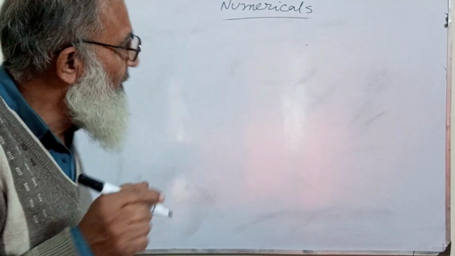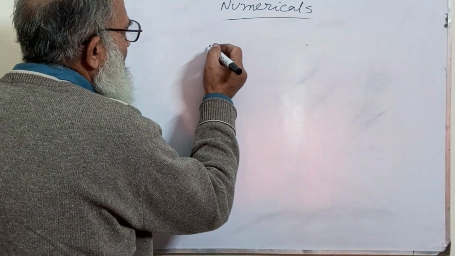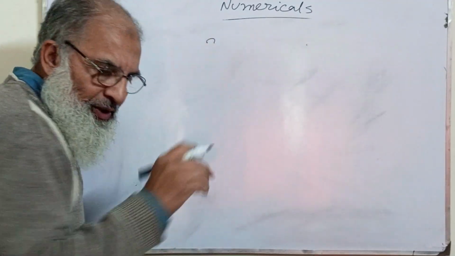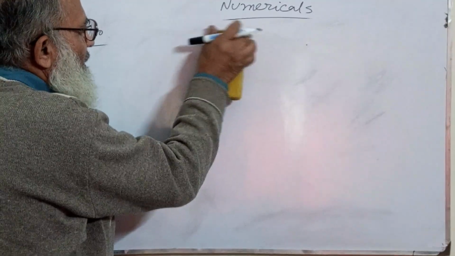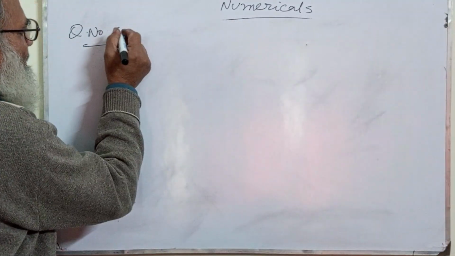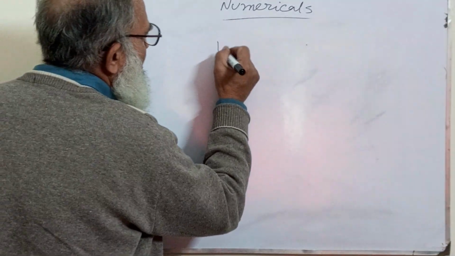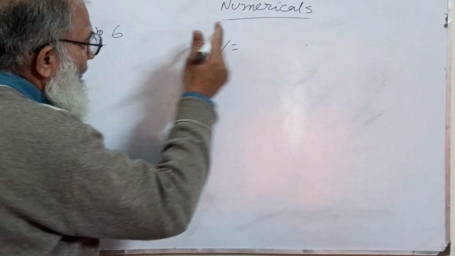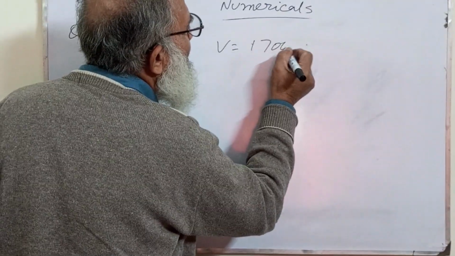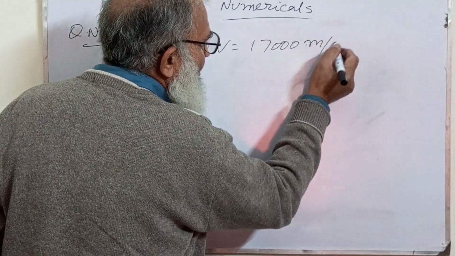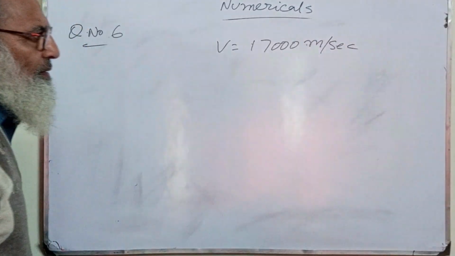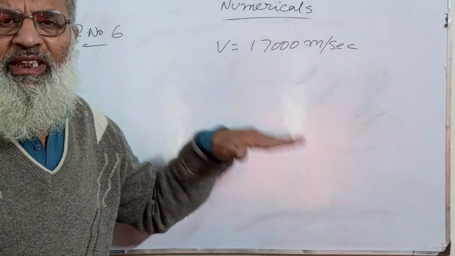V is given over here in question number 6. V is 17,000 meters per second.